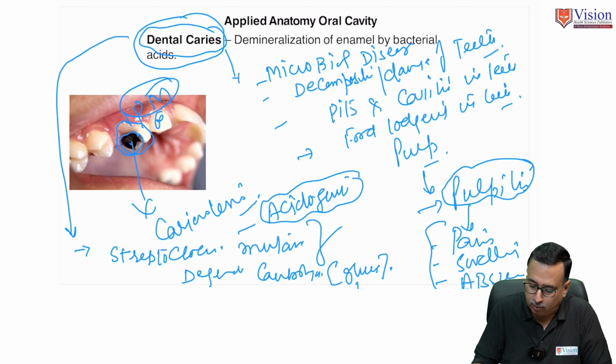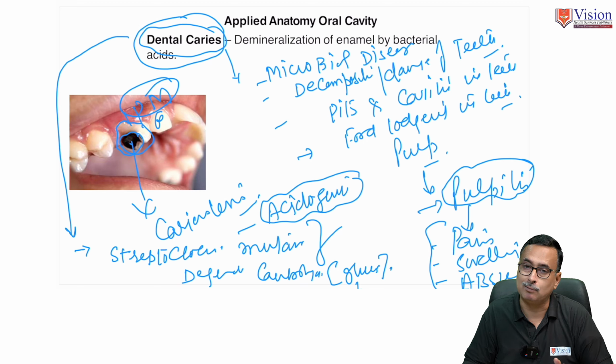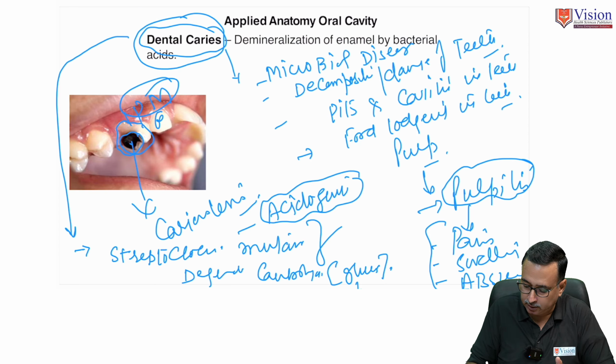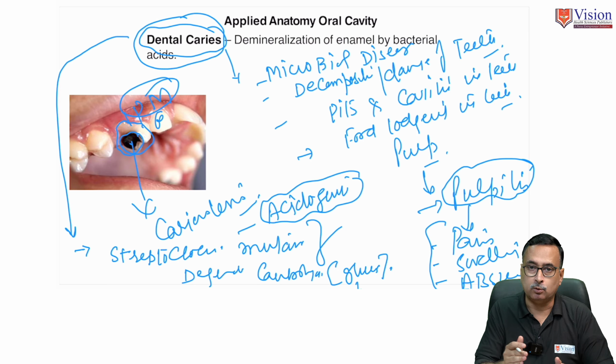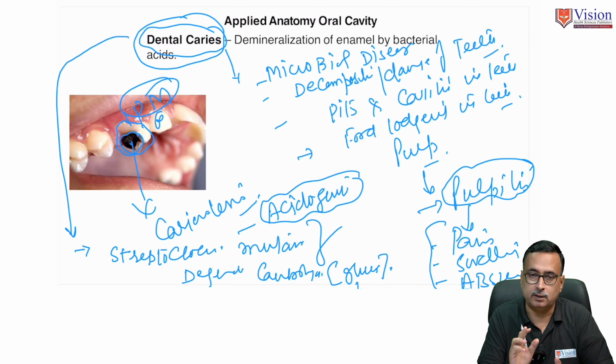Because of the formation of lactic acid from decomposition of glucose or simpler carbohydrates, the pH of the oral cavity goes down. Otherwise, the normal pH of the oral cavity is 6.8. So lowering of pH leads to decalcification of enamel and dentin, creating pits and cavitation.